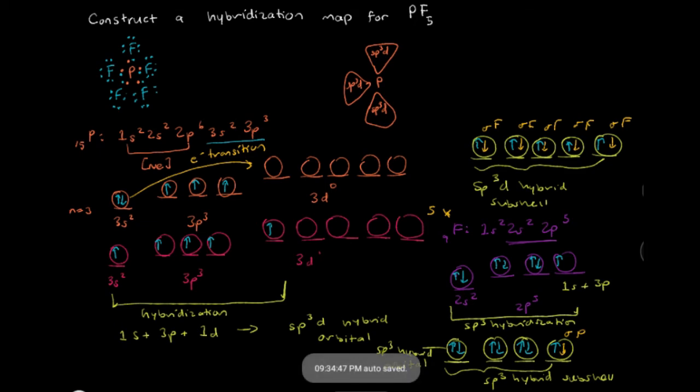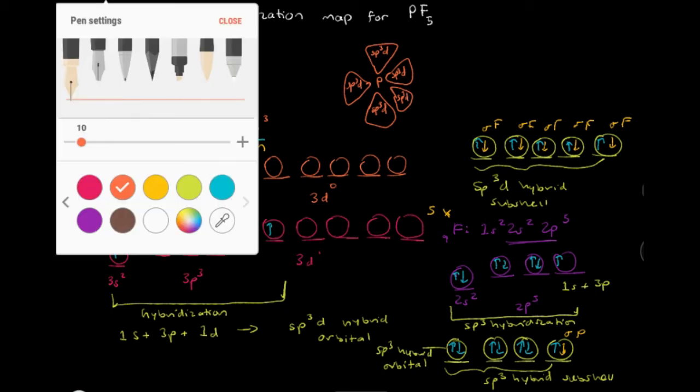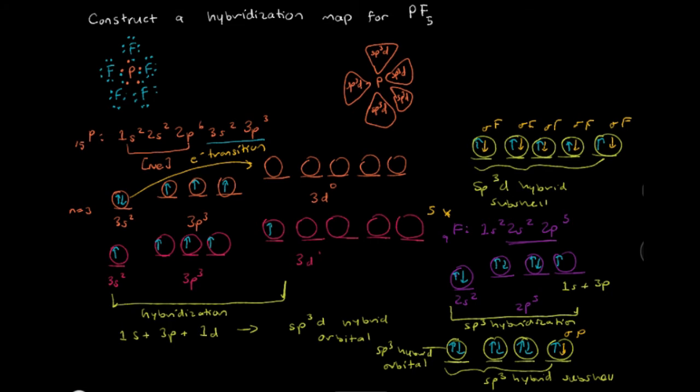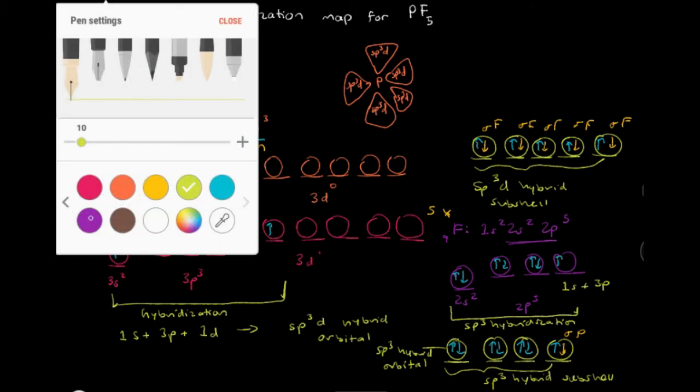And then we're going to make a sigma bond. Sorry, we also have one here, an sp3d, and an sp3d here. You can't draw this too accurately. Then we're going to make a sigma bond with the sp3 hybrid orbital here. Actually, we'll use a different color for this. Let's do purple.